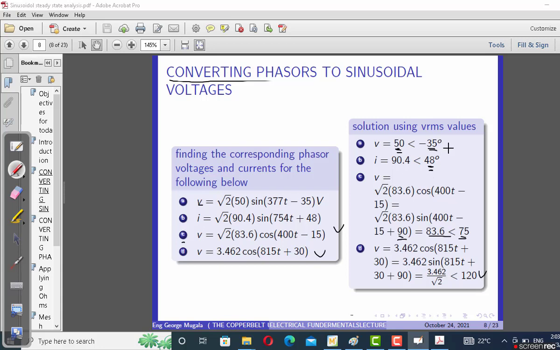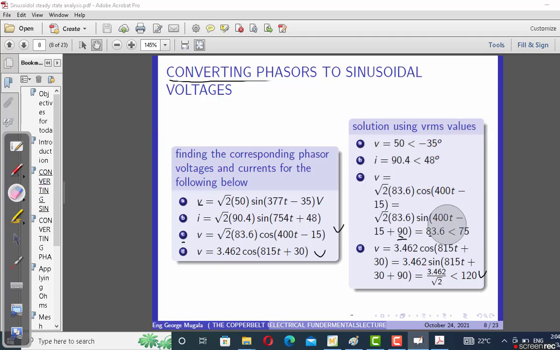So now whenever I write these in this manner, it means I'm learning how to convert the supply voltage, or supply current, into their polar format. Now I can say that solution using VRMS values.